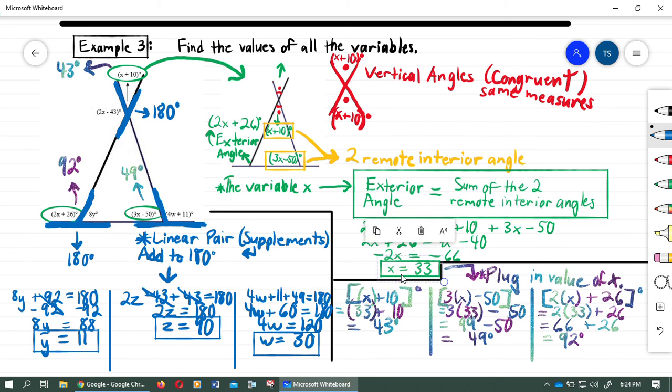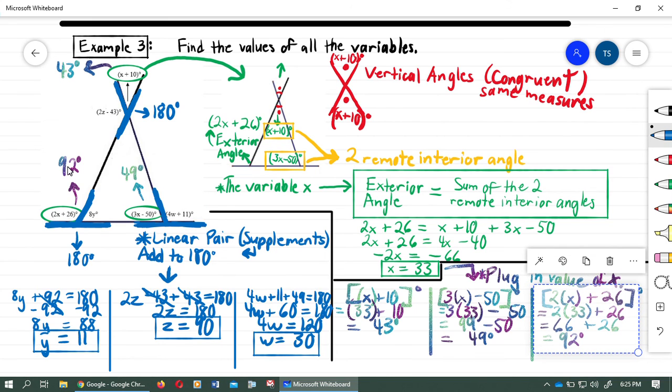using that relationship, and we solved for x. Then, after we solved for x, we plugged that value of x into those three expressions, and we got that one of those expressions had to be 43 degrees, another one had to be 49 degrees, and the other one had to be 92 degrees.